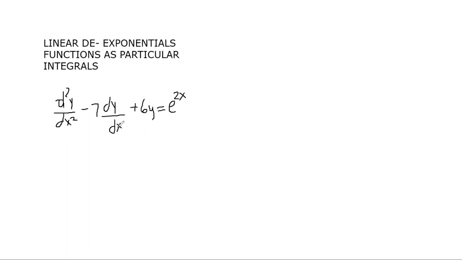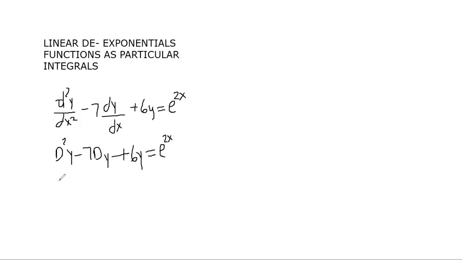To find its complementary function, we're going to put this in its D operator form. Realize that we're not working with a 0 on the right hand side. So now we have d squared y minus 7 dy plus 6y is equal to e to the 2x.